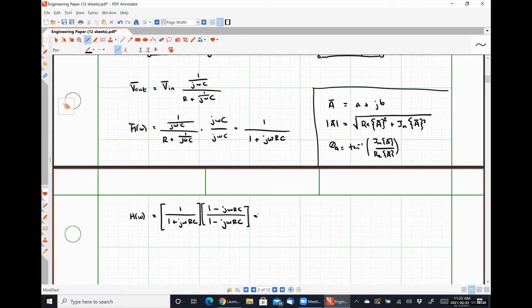And so what this is going to give me, 1 times 1. So let's see, for my denominator, this is going to look like 1 minus j squared, which is positive, omega RC, quantity squared. And then I will have 1 times 1 is 1, and 1 times minus j omega RC.